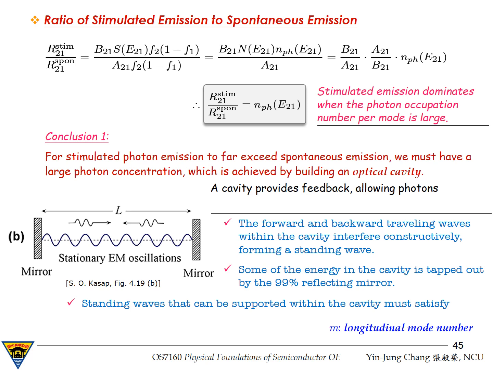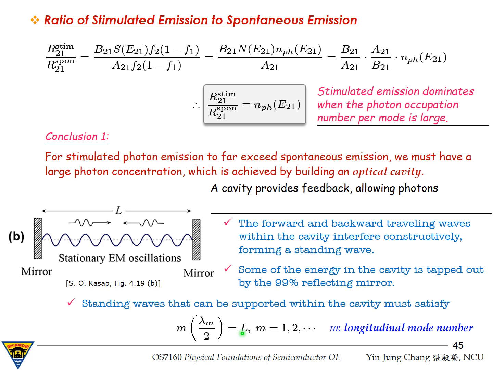The figure on the slide shows standing electromagnetic waves inside an optical cavity. The forward and backward traveling waves interfere constructively, forming standing wave modes. Only wavelengths satisfying the resonance condition described by this equation can be strongly supported by the cavity.